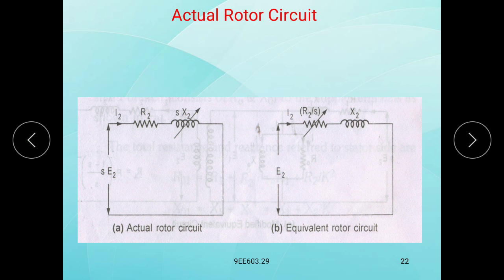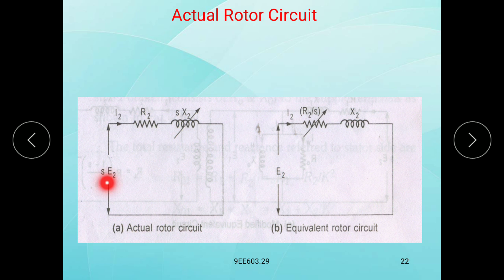Generally sX2 is the varying quantity, but in equivalent rotor circuit B, we divide everything in this circuit by s. Here it is divided by s, here by s, here by s.